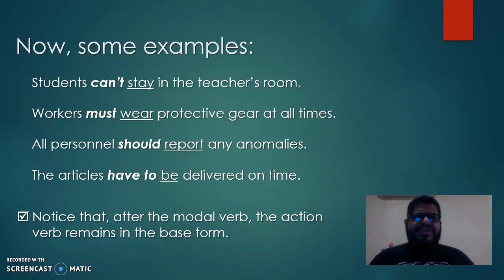They don't really change with the tense you use. The only exception is have to, and I will explain that later. And they change the verb that follows them. For example, stay, wear, report, and be, but they don't change the physical form. That means in the simple present, for example, the verbs change with the subject.